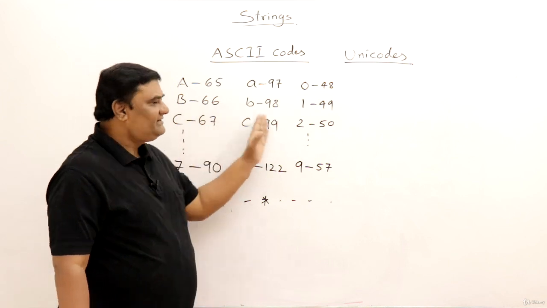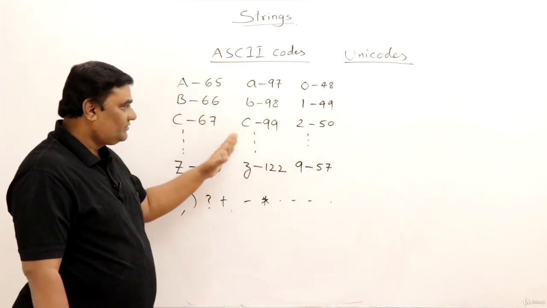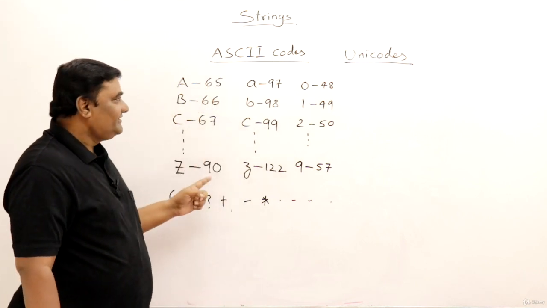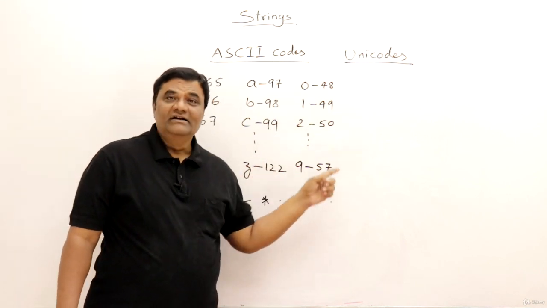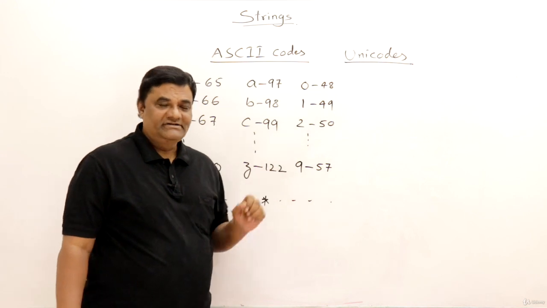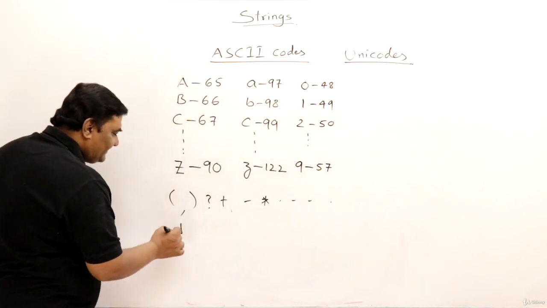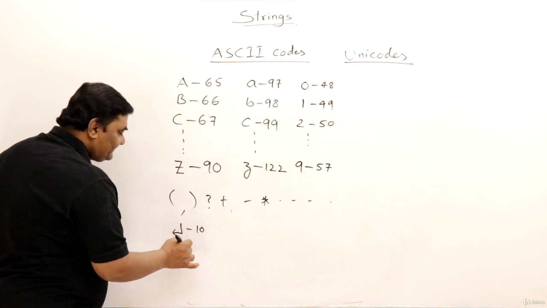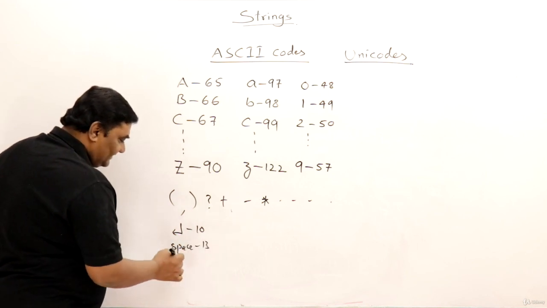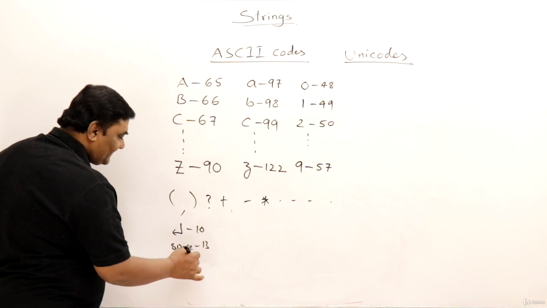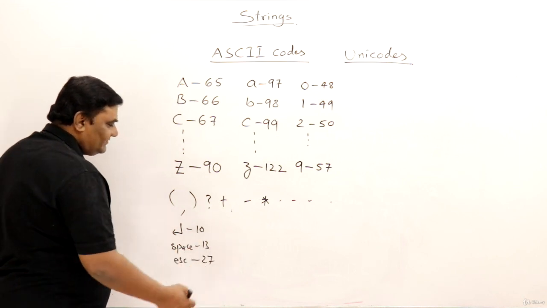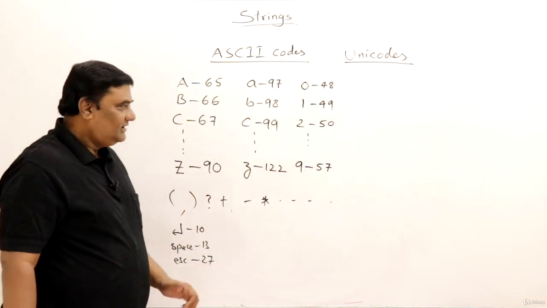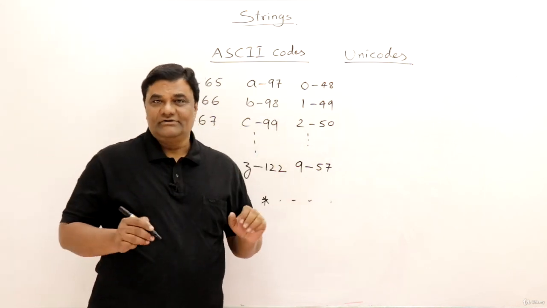Generally we work with these symbols, so I have written the ASCII codes, and you should remember them: for uppercase English alphabets, lowercase, as well as the numeric symbols. And also for enter the ASCII code is 10, for space bar it is 13, and for escape it is 27. These may also be helpful if you can remember them. So this is a set of ASCII codes.